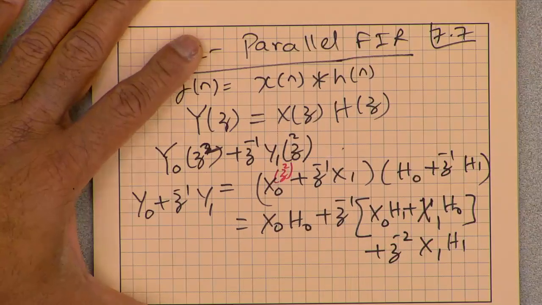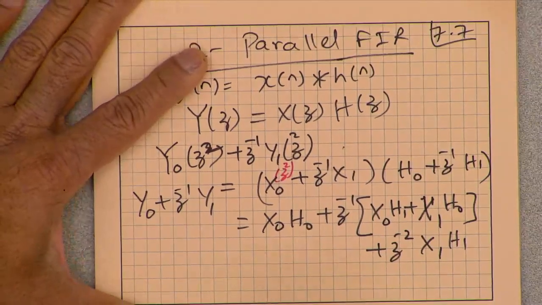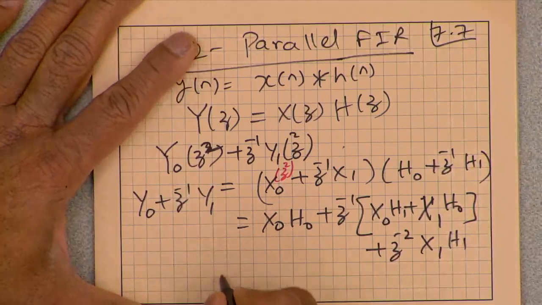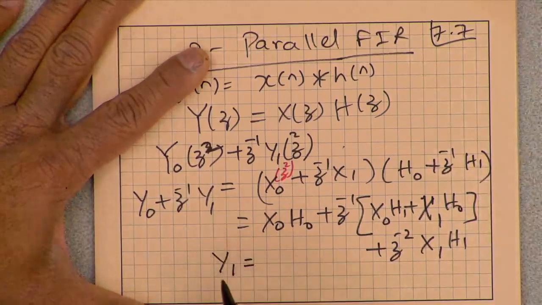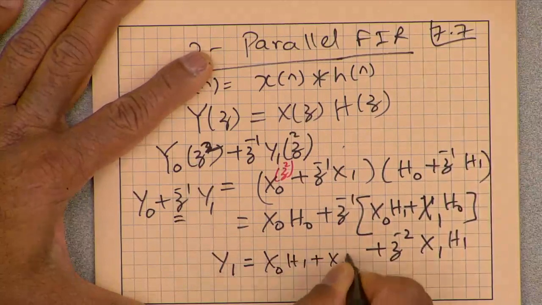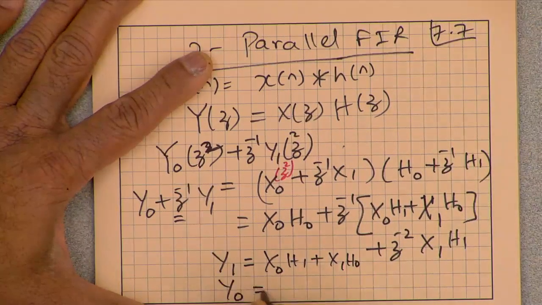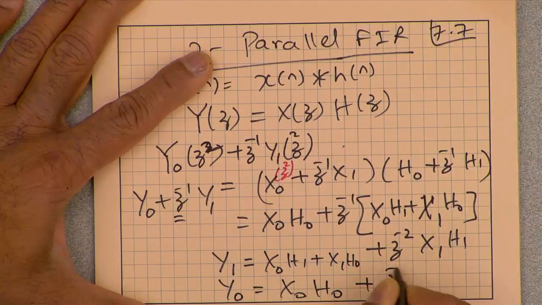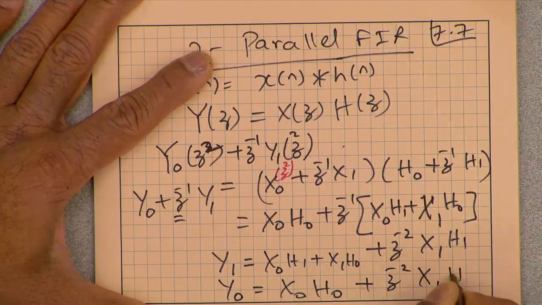Okay, so now if I equate the coefficients on both sides, then I get y1 is equal to x0 h1 plus x1 h0, and y0 is equal to x0 h0 plus z to power minus 2 x1 h1.